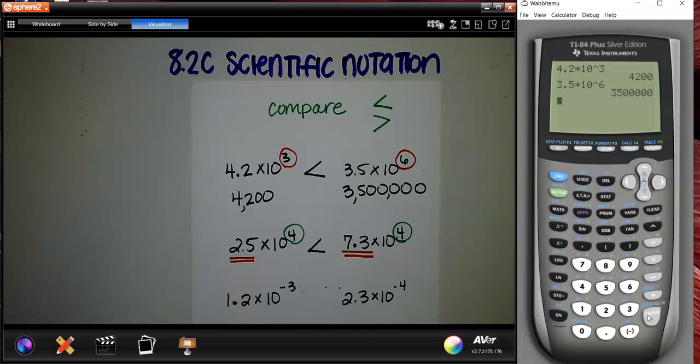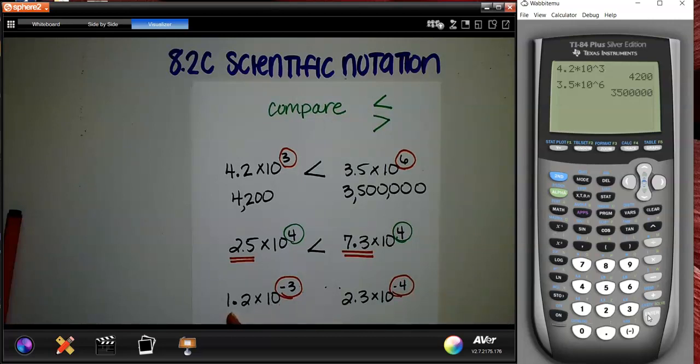So the further you are from 0, essentially the smaller you are. So here, when I'm comparing their exponents, I have -3 and -4. Again, when you're working on the opposite side of 0 on the number line, the further you are from 0, the smaller you are. So in this case, -4 is further from 0.